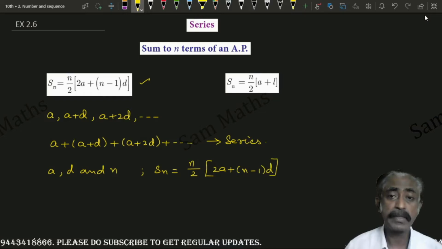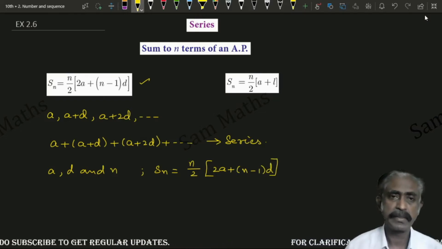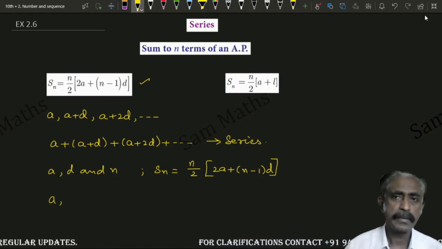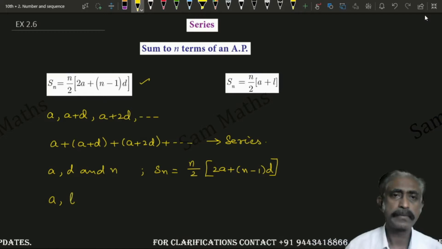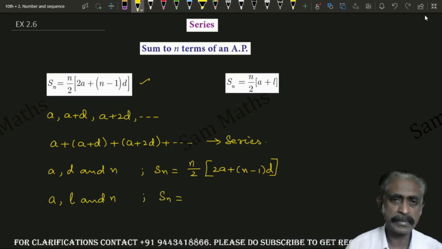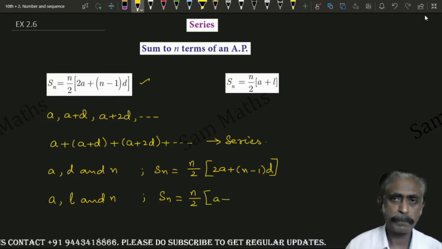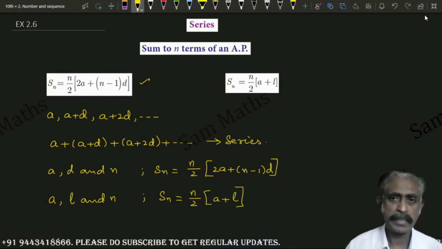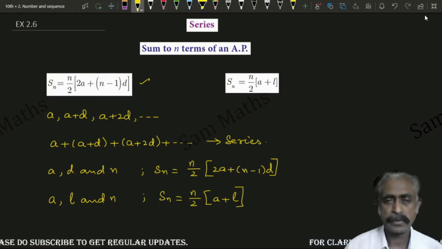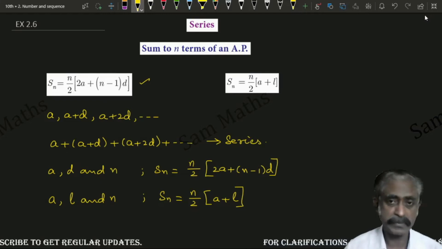The second formula, if you know the last term, that is the nth term, that is, if you know A, L and N, then you can use the formula Sn is equal to n by 2 into A plus L. You study these two formulae thoroughly, since throughout this exercise we are going to use these formulae.